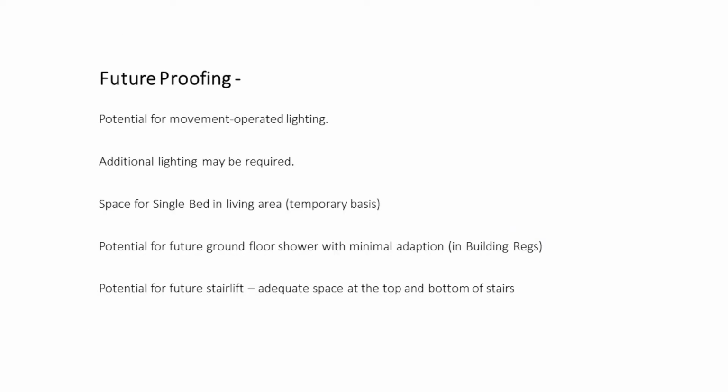So future-proofing, potential movement for operating light, additional light, single beds. These are all small changes and considerations that could be thought from the outset of a project, and how we implement that as a design team.